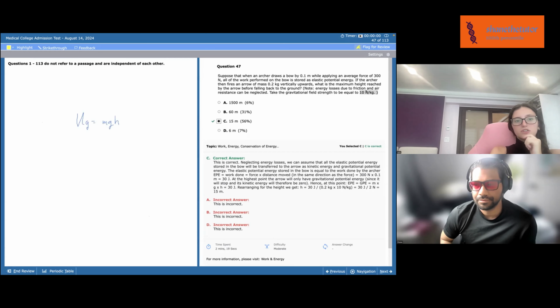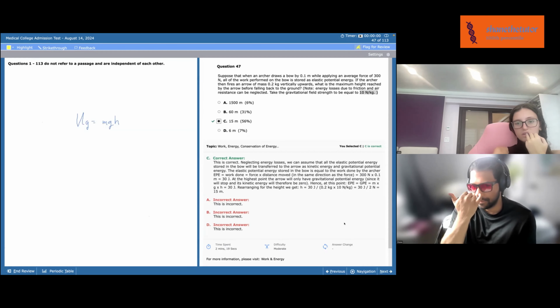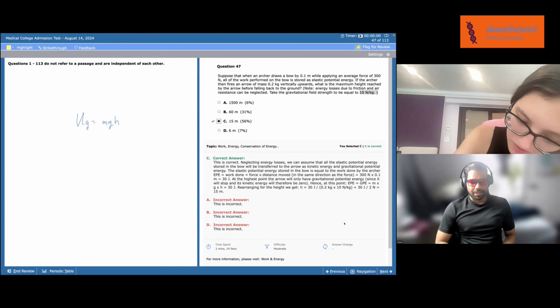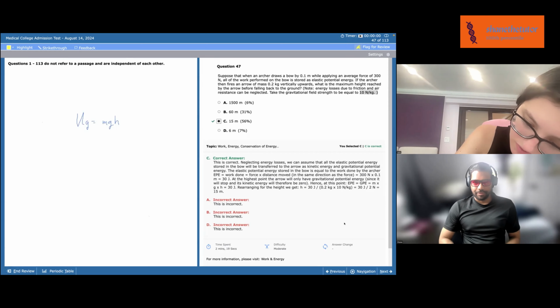Oh, so is the potential 30? So then it's 30 divided by 2, which gives 15. So a lot of times you can solve problems that you would normally use kinematics for using conservation of energy.